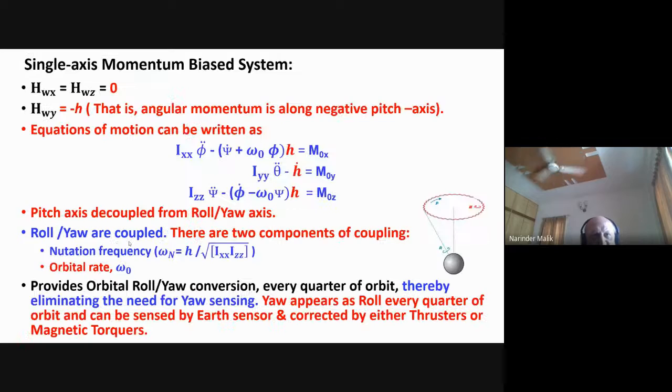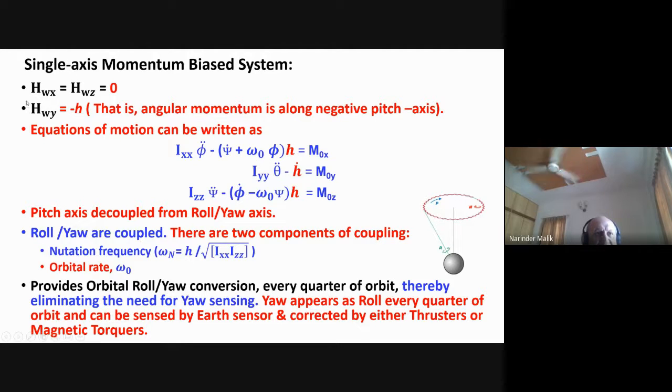Now let us take a simple example of a single axis momentum bias system. In the single axis momentum bias system, there is a wheel running at a constant speed, providing an angular momentum along the pitch axis. And there are no wheels along roll and yaw.